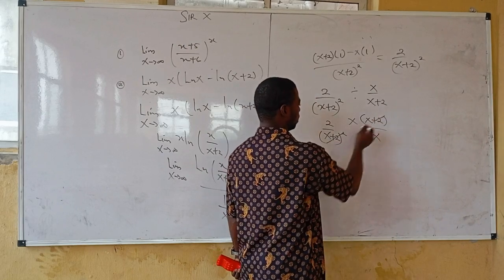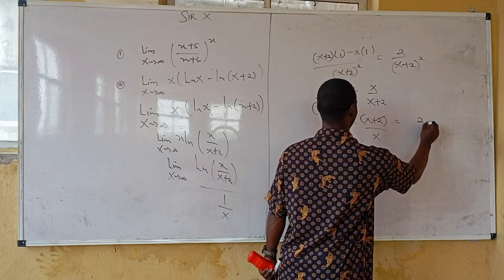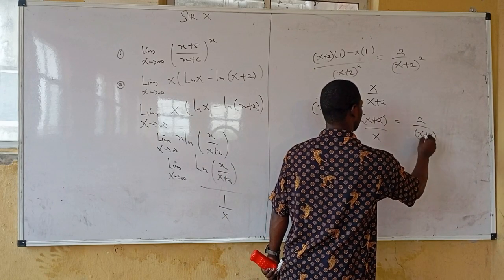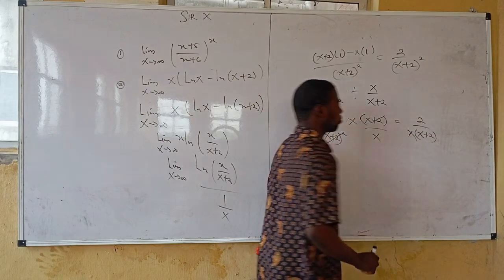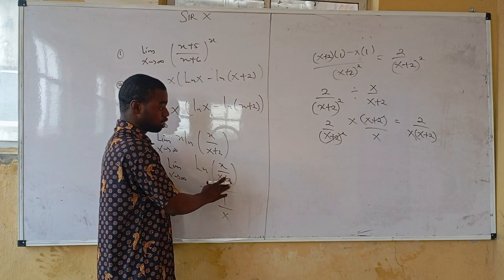This can cancel out, leaving one of these. So you finally will have 2 over x plus 2 times x. So that's the derivative of ln of x over x plus 2.